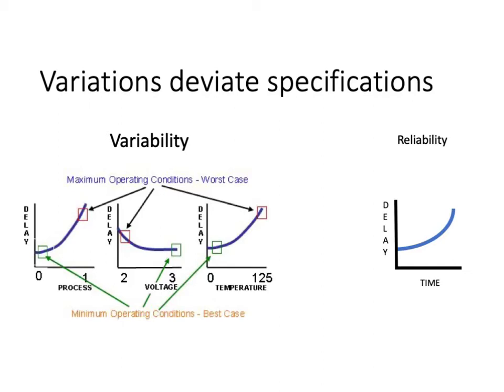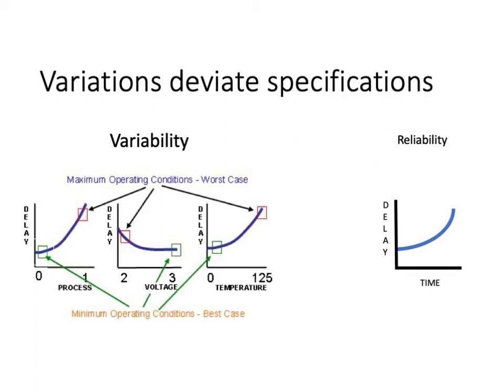But as we've tried to make transistors operate faster and faster, we scale them down, meaning we reduce their dimensions, and once we reduce the dimensions, we reduce the operating voltage, we find that the effect of variations in manufacturing and operating conditions actually start to play a bigger and bigger role.